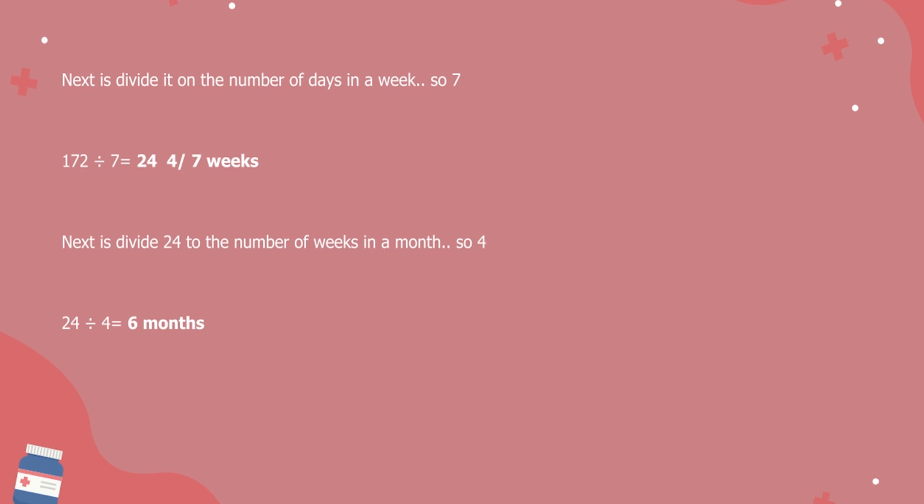But it has a remainder of 4, and then you put the denominator again, which is 7. Next, if you want to get it in months, you divide 24 by the number of weeks in a month. So that's 4, right? So 24 divided by 4, that's 6 months. There's the answer.